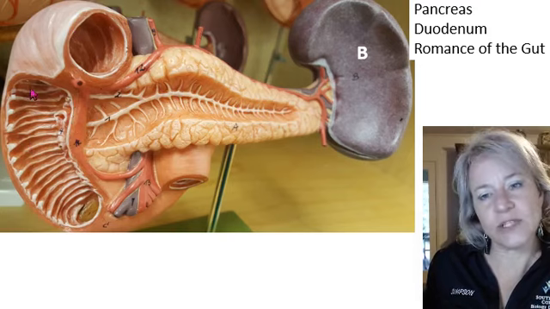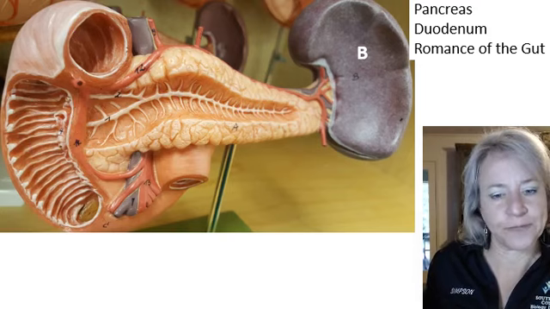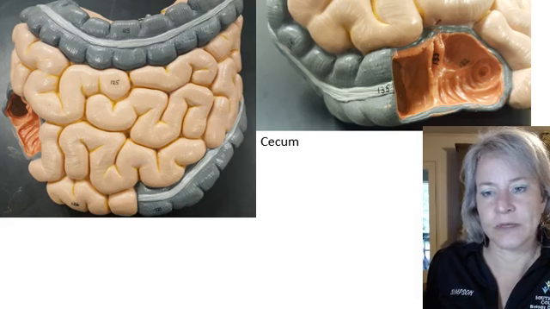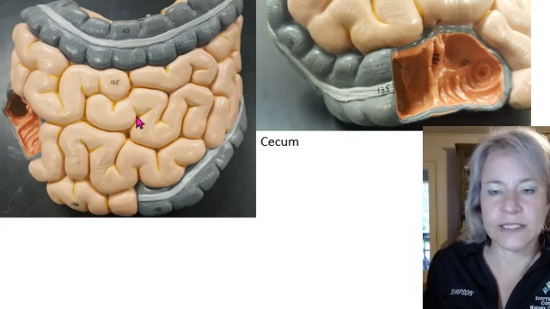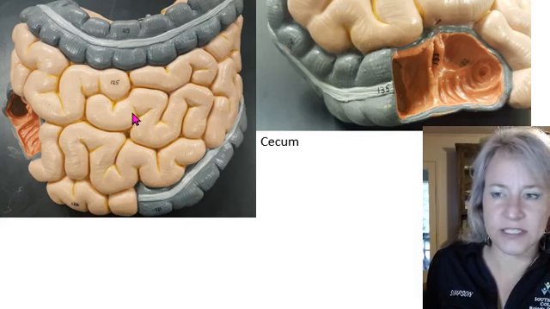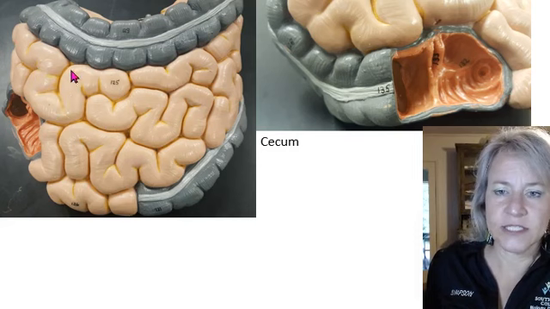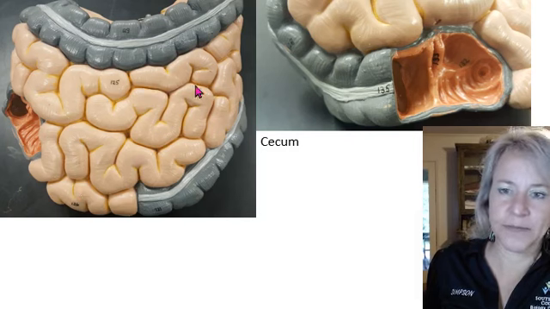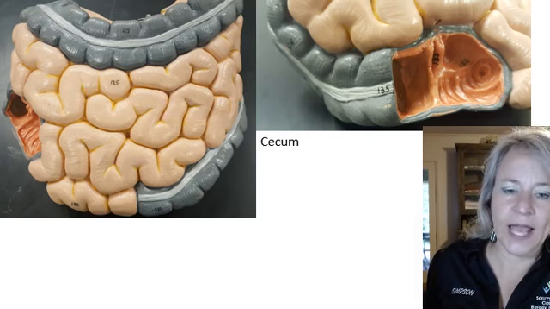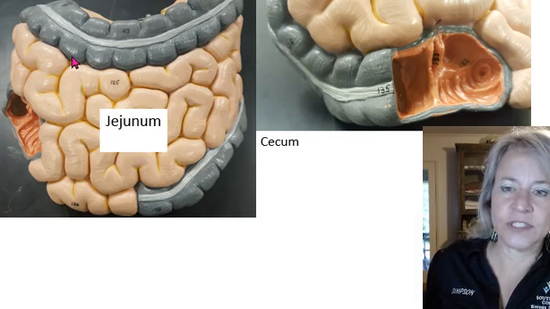Then you have this duodenum here. Okay, this is another model I have of the guts. This is Tommy's guts. So all of this creamy colored organ here is the small intestine.